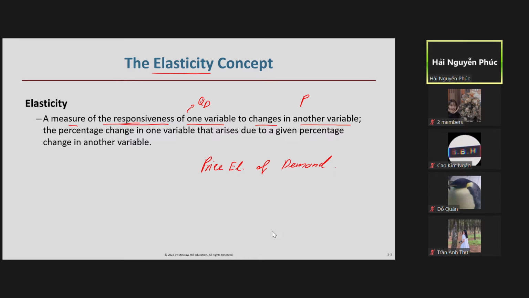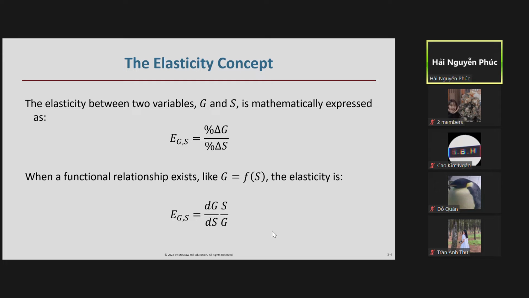So based on this definition, we have the following formula for elasticity computation. Suppose we have two variables, let's say G and S. The elasticity is computed in the following way.